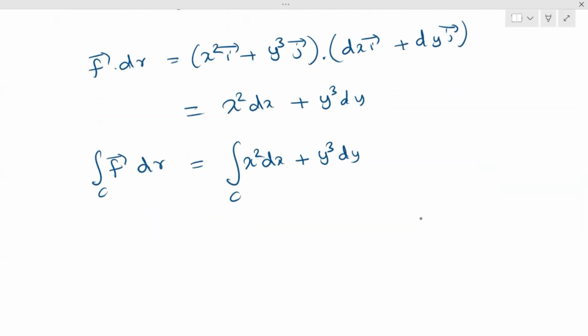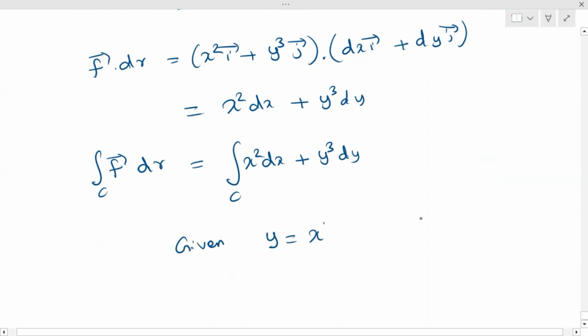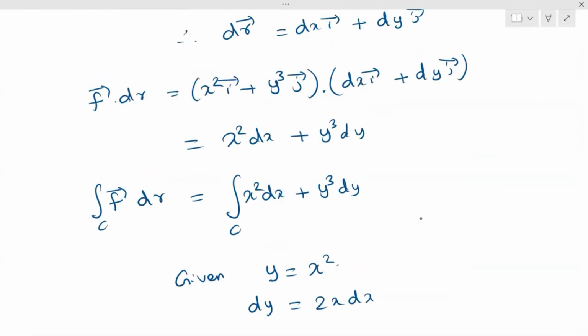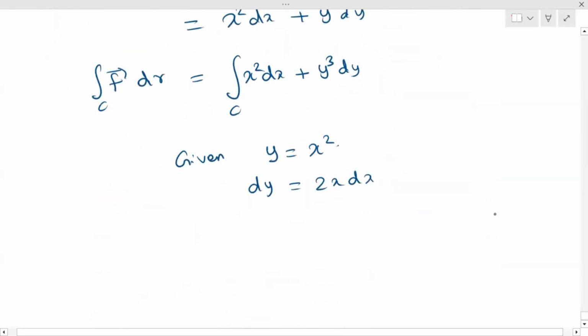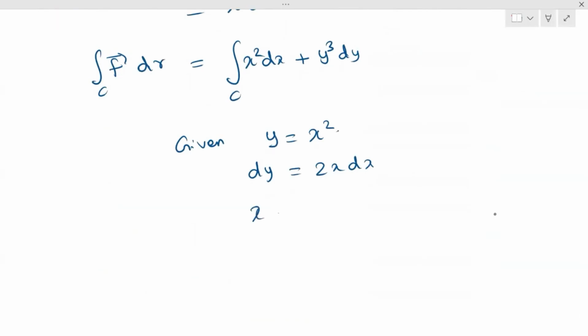Using the given curve, the arc of the parabola y equals x squared, and dy equals 2x dx. So we are changing y to x, and x varies from 0 to 1, as does y.